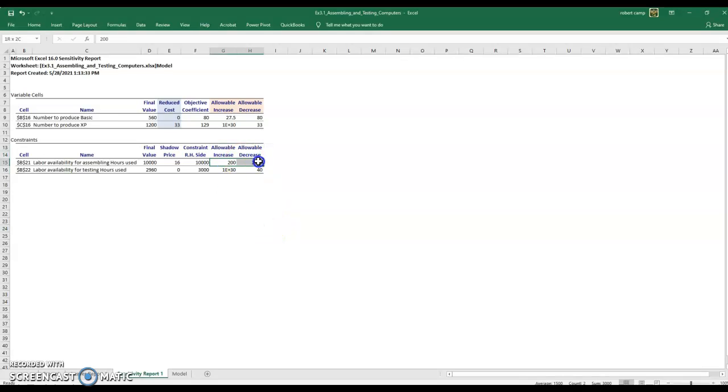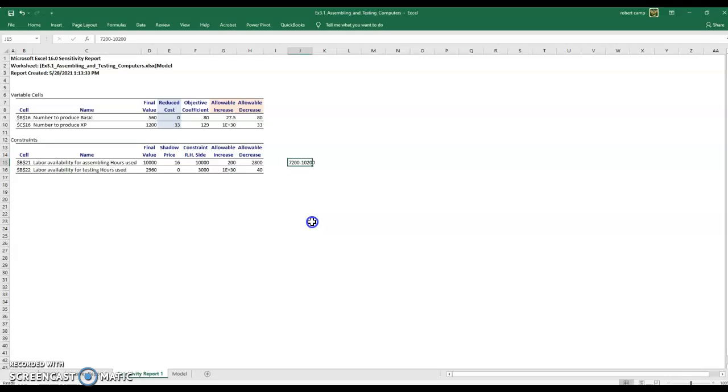So if I'm looking at the assembling labor hours, the right-hand side has a shadow price of 16 as long as the right-hand side is between 7,200 hours, which is my right-hand side decrease of 2,800, and 10,200 hours, because that's where I would be able to increase it to.